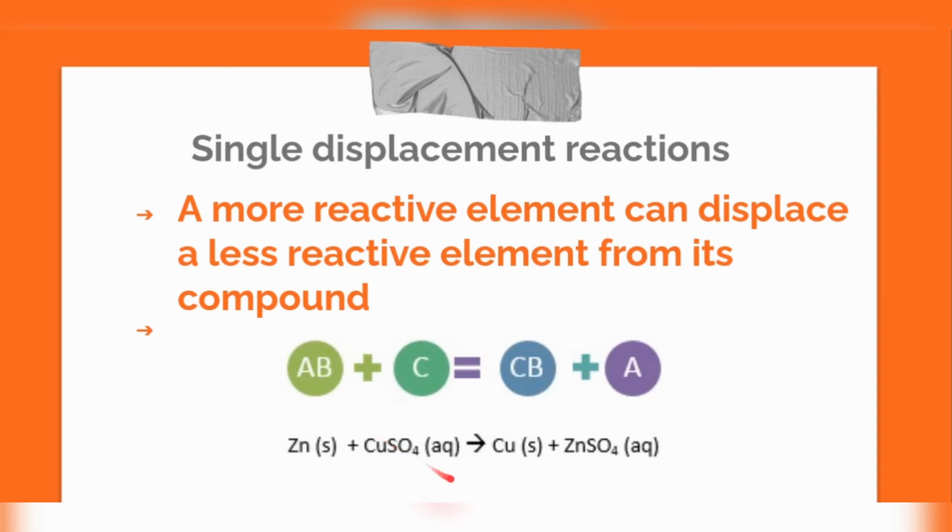So copper will be coming out. Then the remaining product will be zinc and SO4, which is ZnSO4, that is zinc sulfate. So Zn plus CuSO4 will give you Cu plus ZnSO4. This is an example of single displacement reaction.